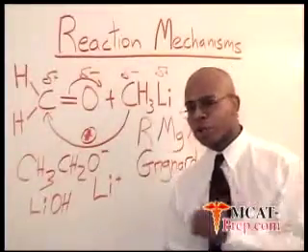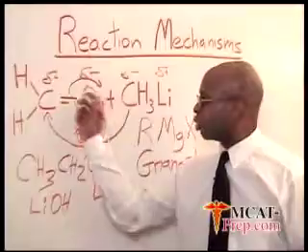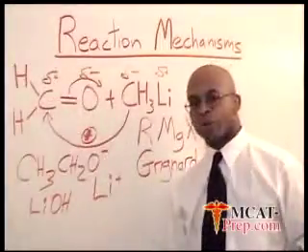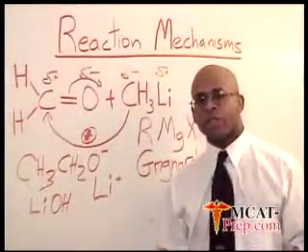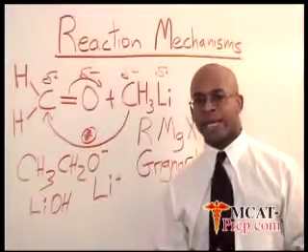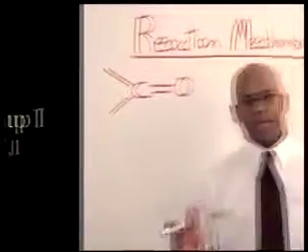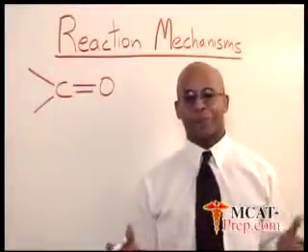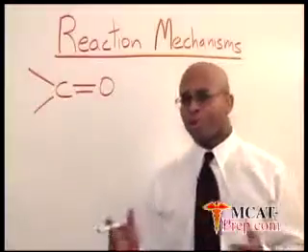Now let us look closer at the carbonyl group, which is this particular group, because it is so central to many reactions in organic chemistry. So what is so special about the carbonyl group? Well, there are many things.